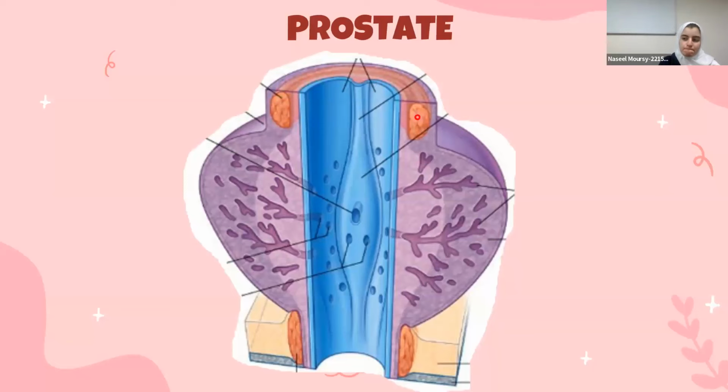What is it? If you guys need a hint, there are two of them. Yes, so this is the internal sphincter. So the bottom one would be the external sphincter.